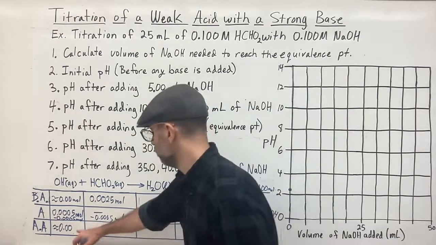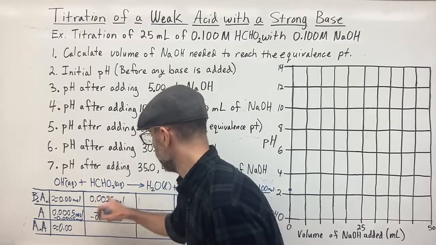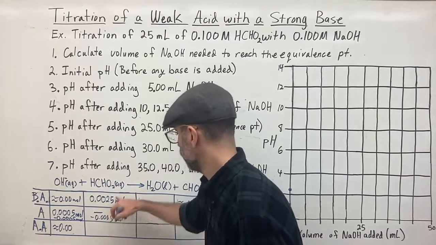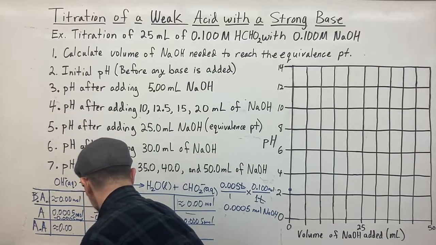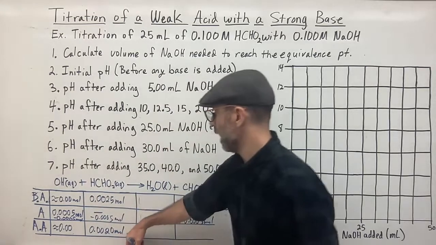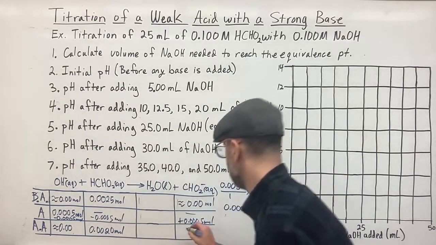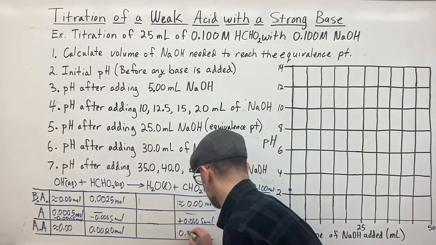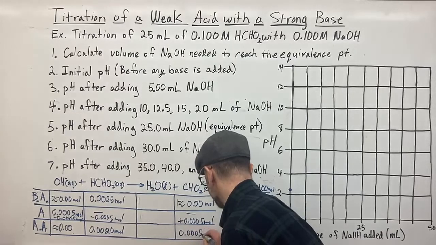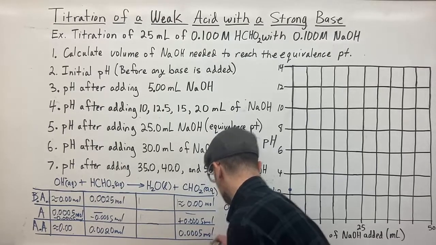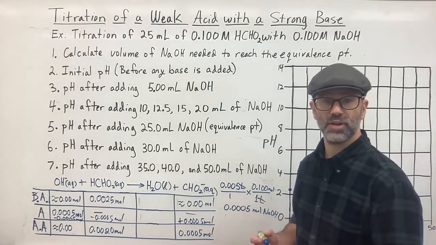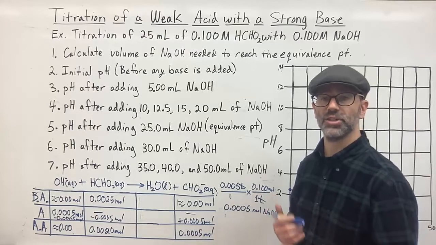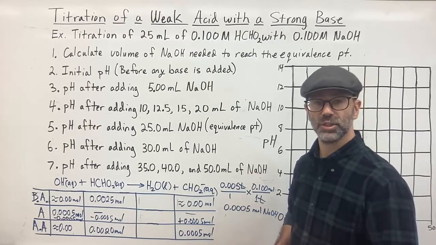And so now we can figure out, we subtract this from this, and we get 0.0020 moles of our acid left, and we gained 0.0005 moles of our conjugate base. So now we have conjugate base with our conjugate acid. We've got a buffer situation here.